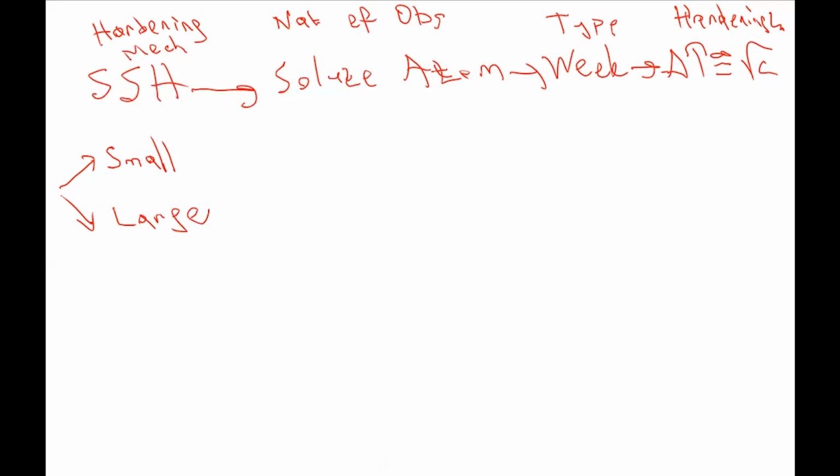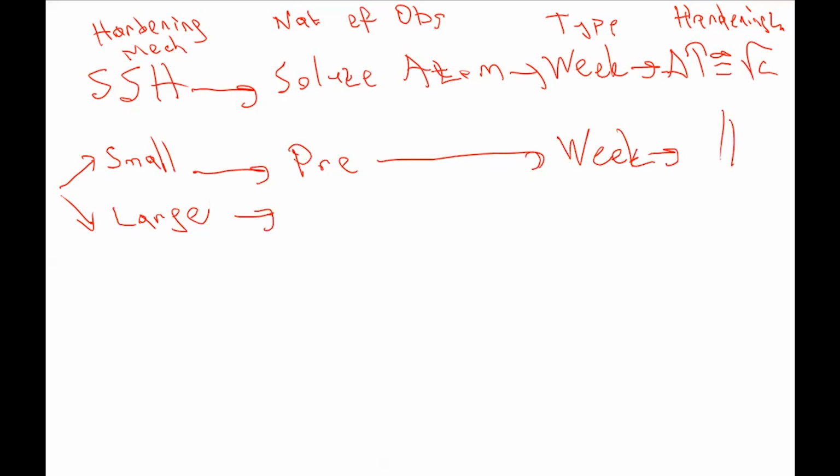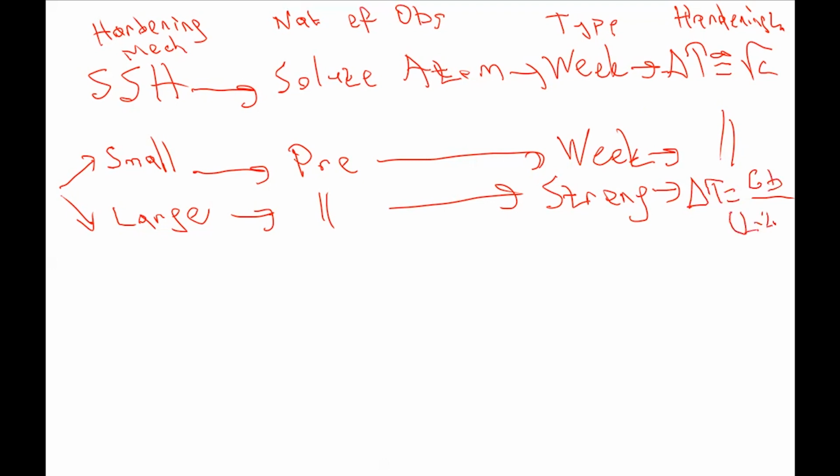For small particles, again, it's precipitation. Type is weak. And it is more or less similar to solid solution hardening. But once we have large particles, again, precipitation, it is strong. And the hardening law is basically delta tau equal to Gb divided by L minus 2R.